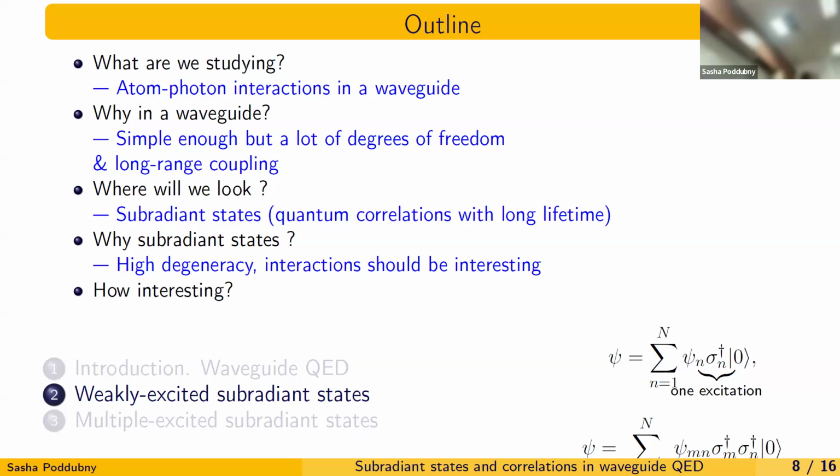So interactions will be manifested more strongly for states with long lifetime and with destructive interference. Of course, I would write in a grant proposal that subradiant states allow you to store the excitations and to process them. And this is actually true. So I am studying singly excited and doubly excited states for now.